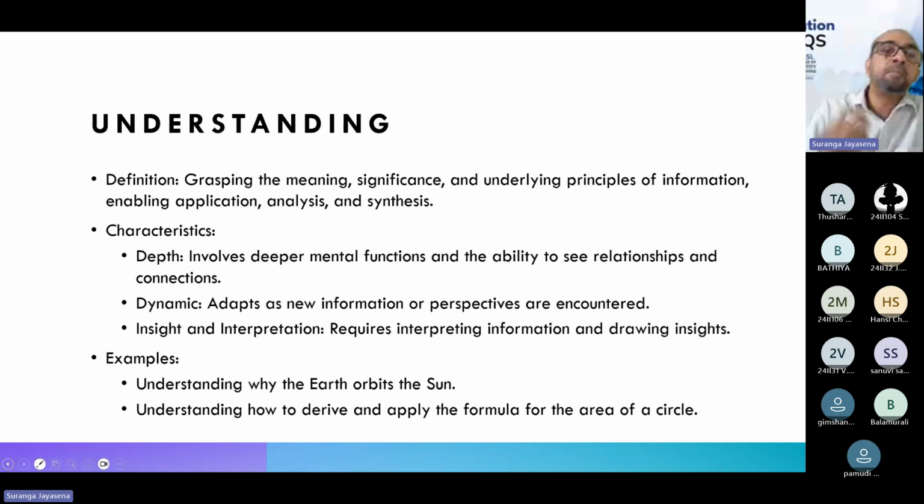Grasping meanings, getting the meanings of various things. Then significance, like how important, how valuable a certain thing is, right? And the underlying principles of information. Principles means the kind of rules, laws, why the things are happening, right?